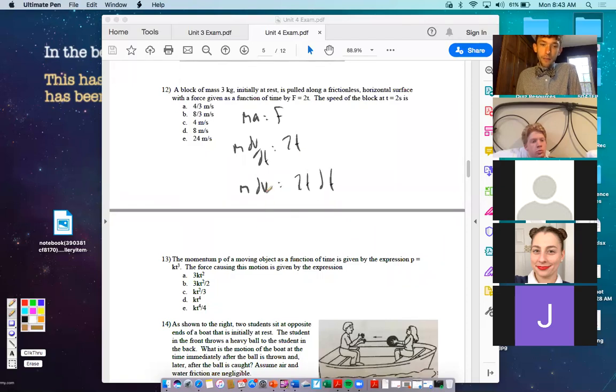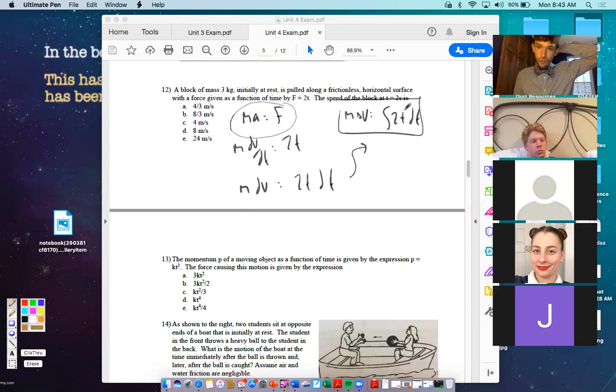And if I integrate both sides, the integral of dv is delta v, a big change in v. So this gets me m delta v equals the integral of 2t dt, which is the exact equation that we just used from an impulse perspective. So Newton's second law was actually derived originally. Newton derived it from this idea of impulse. So they are very closely related, and we can use both perspectives here.